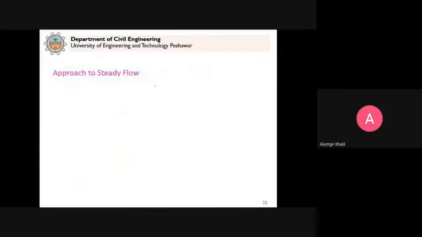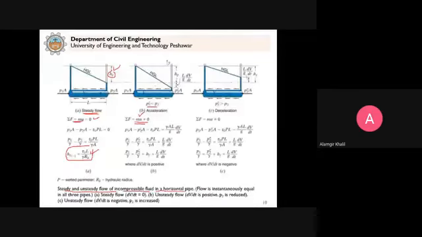So you can see here that the head loss due to the friction is the same in all the cases. HF value is the same. But because of acceleration, there will be further loss of energy given by this term. So the pressure head will be further depressed.